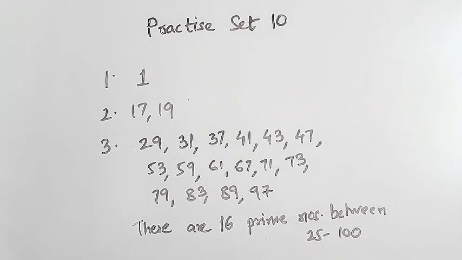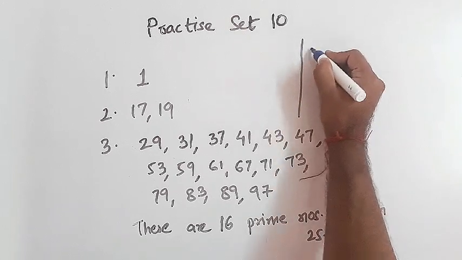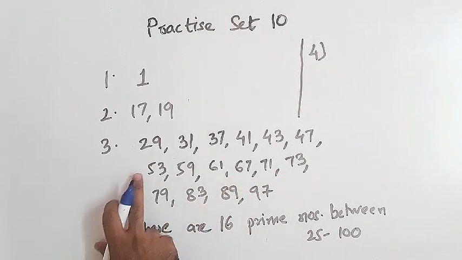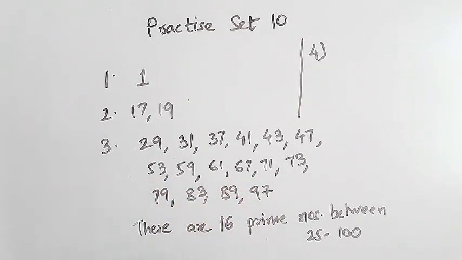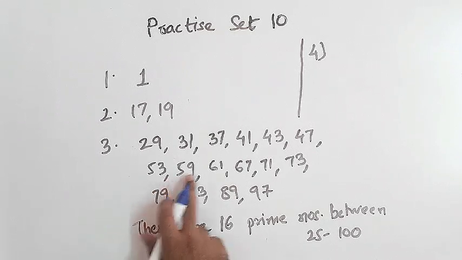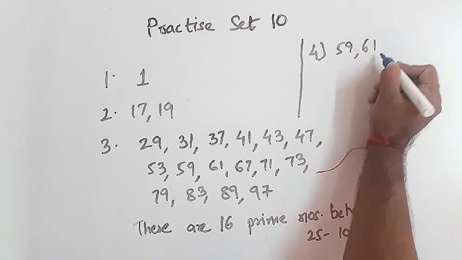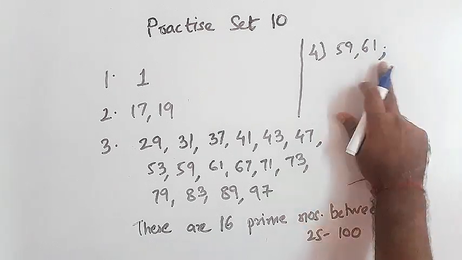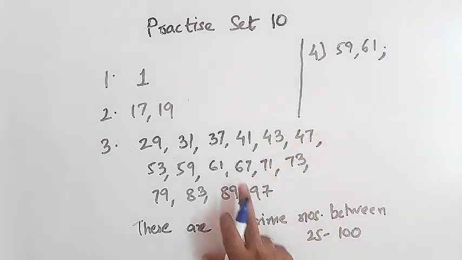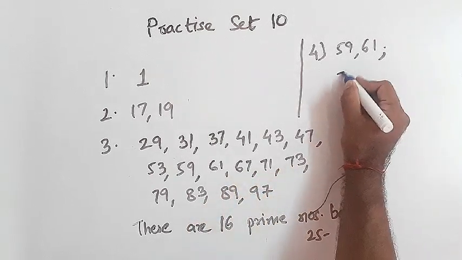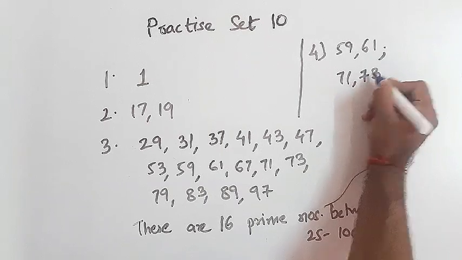Now the fourth one. They have asked to write all the twin prime numbers from 51 to 100. So from 51 to 100, this is not a twin prime, this is a twin prime. See, 59, 61. I'll come to the next line. Then 67 no, 71, 73, you can see 71, 73.